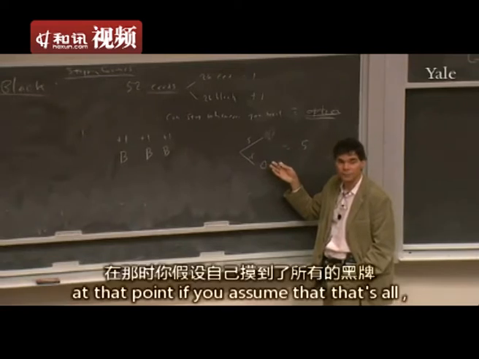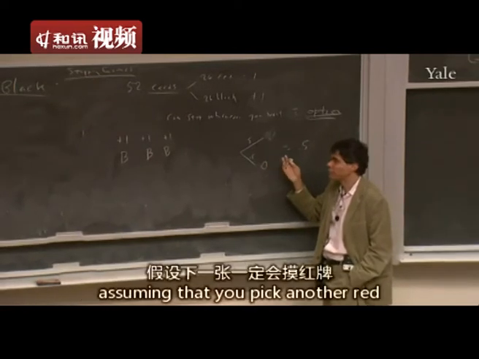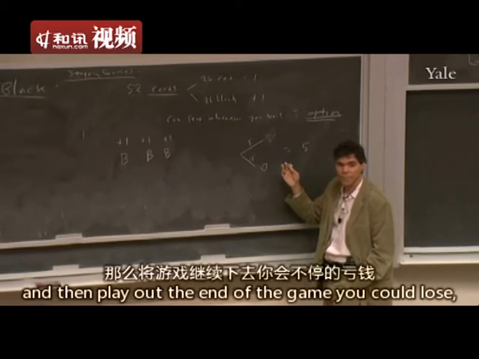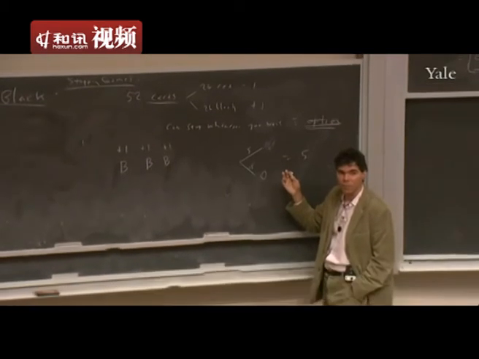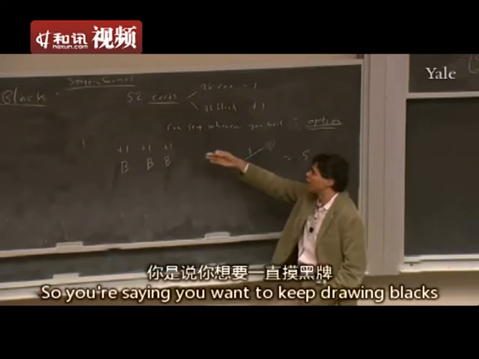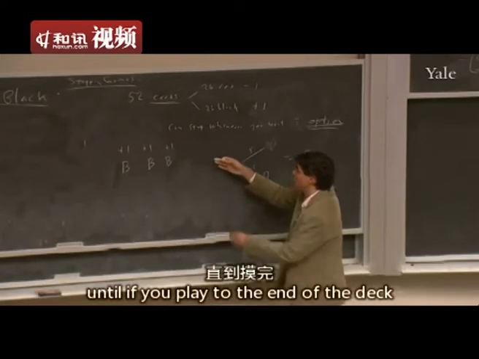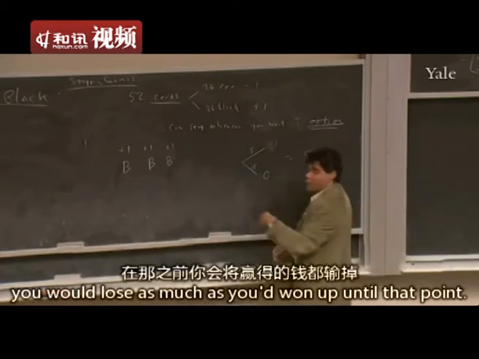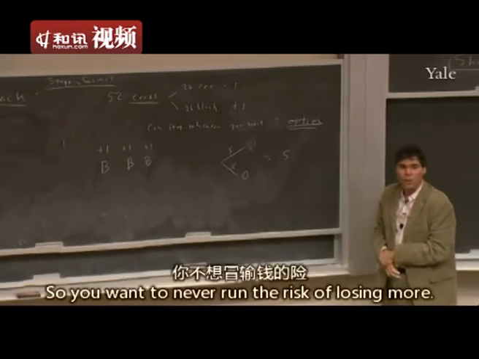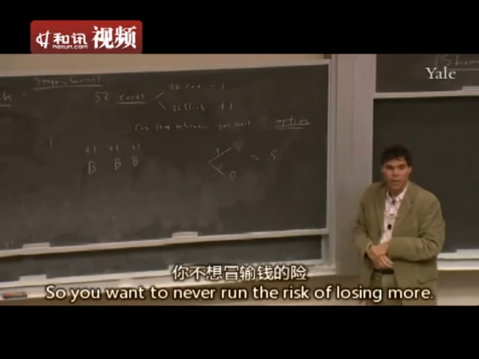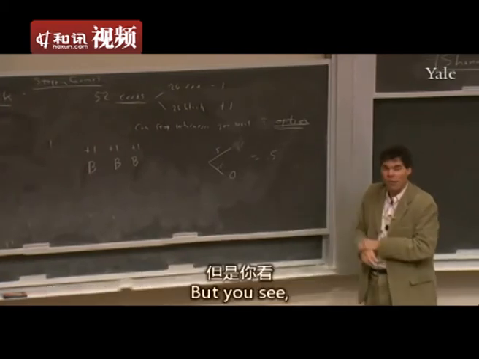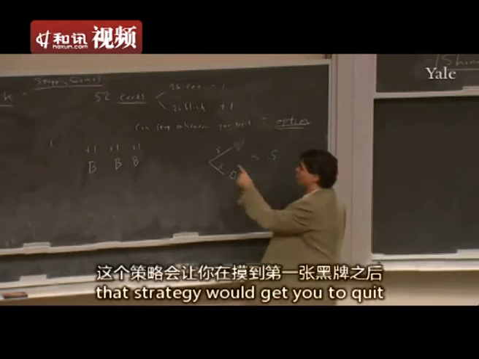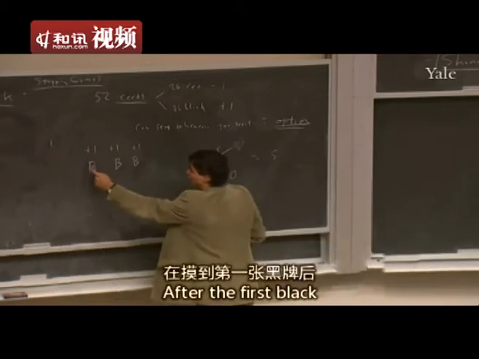Well, at that point, if you assume that's all sunk costs, and you pick another red and then play it out at the end of the game, you could lose, what would it be? 13 more. So you're saying you want to keep drawing blacks until, if you played to the end of the deck, you would lose as much as you'd won up until that point. So you want to never run the risk of losing more. Okay, but that strategy would get you to quit after the first black.